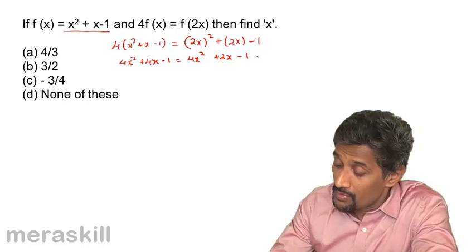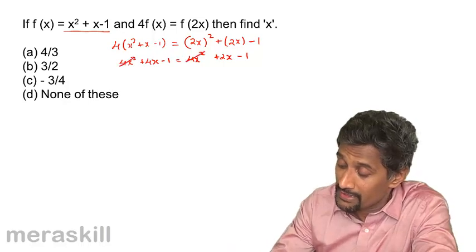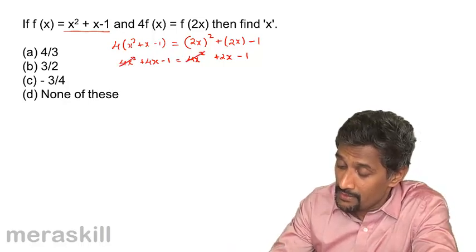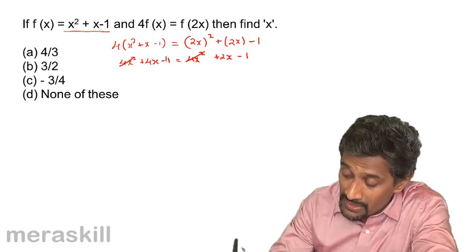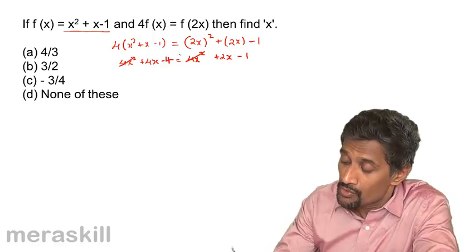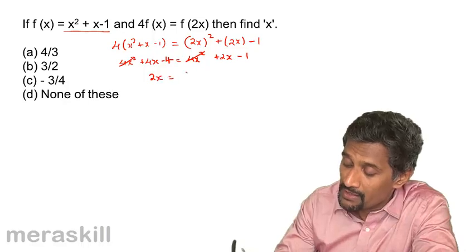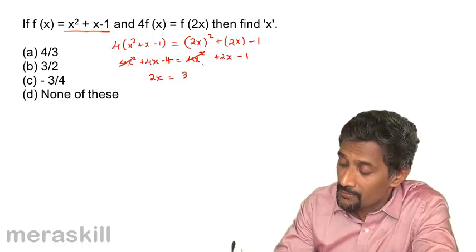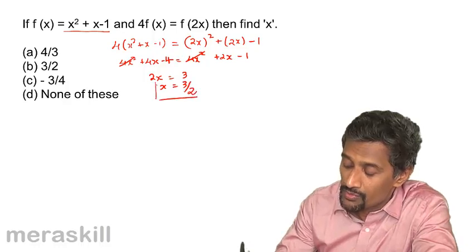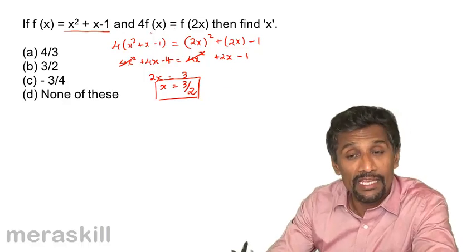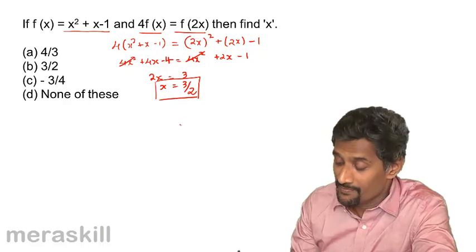So we have 4x squared cancelled. Oh, I'm sorry, I made a mistake, it's going to be minus 4. So hence you get 4x minus 2x is 2x, minus 1 plus 4 is 3, and x would be equal to 3 upon 2. So the value of x is 3 by 2 if 4 times f(x) is equal to f(2x).